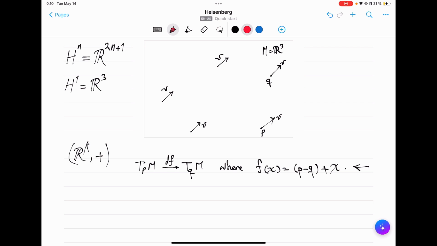So as a vector space, also Rn has a special point denoted 0.